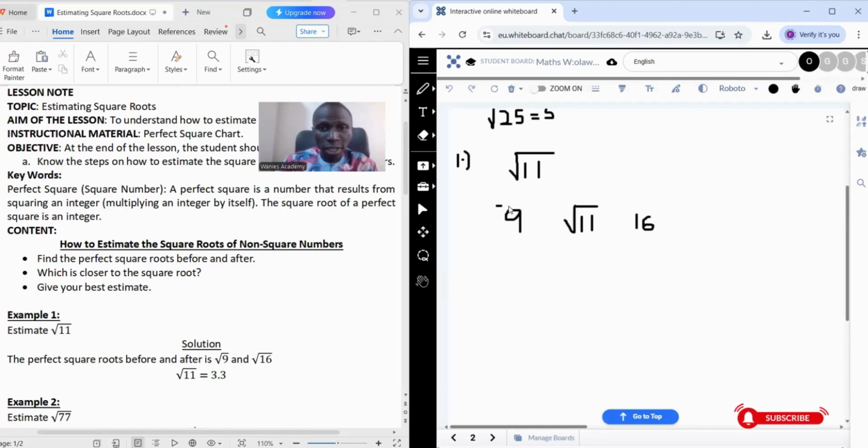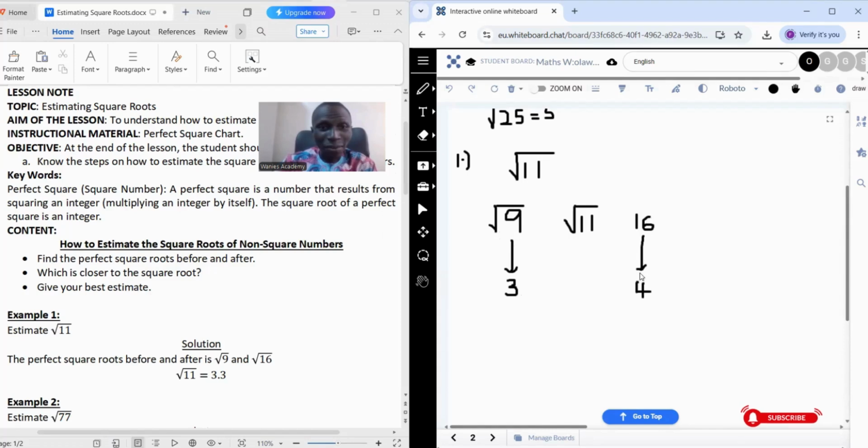The square root of 9, we have this to be 3. And the square root of 16, we have this to be 4. All right. Now, look at 9 and 16. 9 is very much closer to 11 than it is to 16.